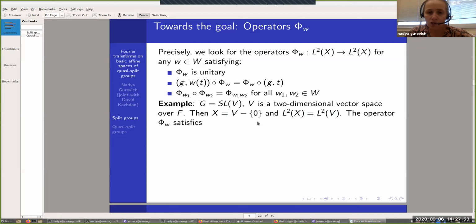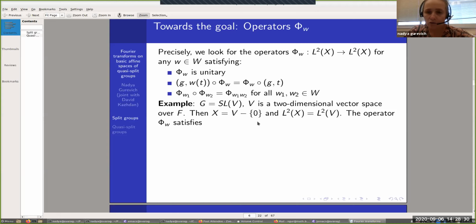In this case, G naturally acts on V with two orbits: the zero orbit and the non-zero orbit. And the stabilizer of any vector in the non-zero orbit is exactly the unipotent radical of the Borel. So X can be viewed as just the non-zero vectors in V. When we consider the L2 space of square-integrable functions, it makes no difference. So we can as well think of L2 of X as square-integrable functions on V.